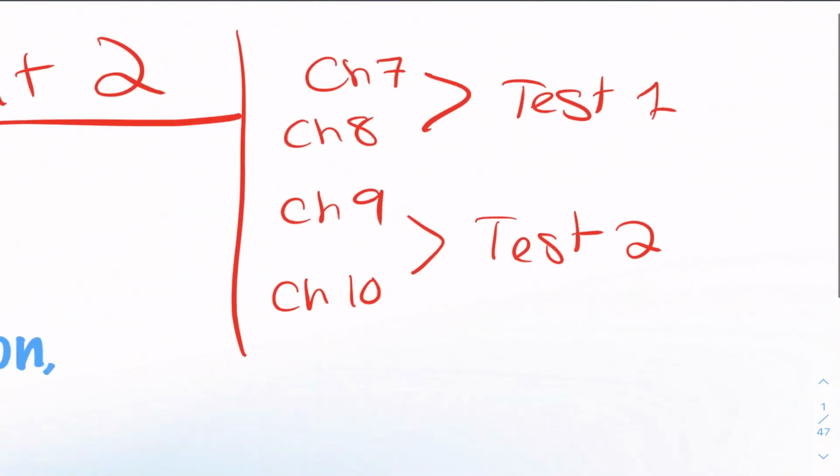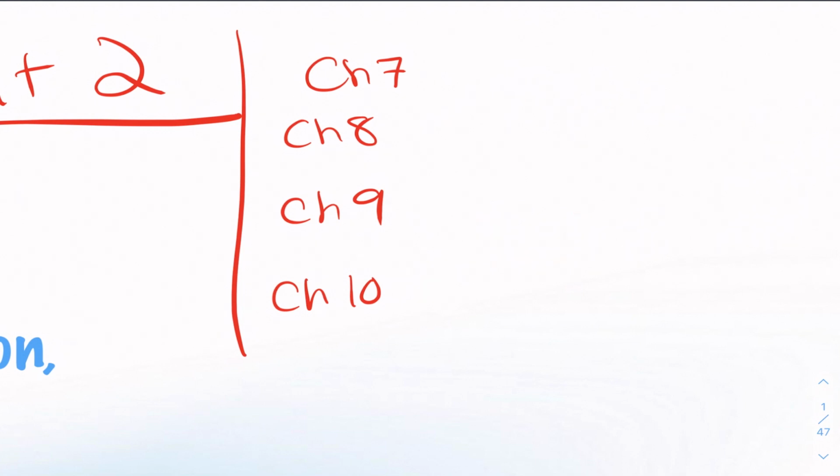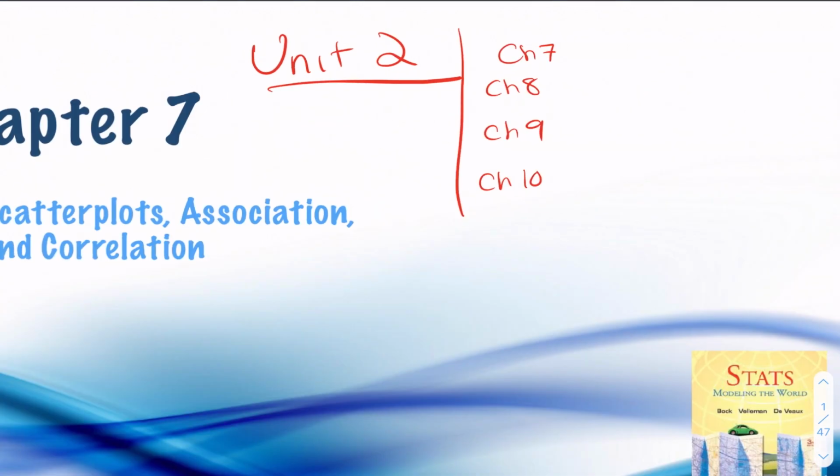If we want a little bit of a breakdown of what each of these chapters are as we move into Unit 2 and we're comparing multiple variables that are quantitative, most likely. Chapter 7 is our big overview chapter of what does it mean to look at scatter plots and identify association and talk about its correlation. Chapter 8 is the details.